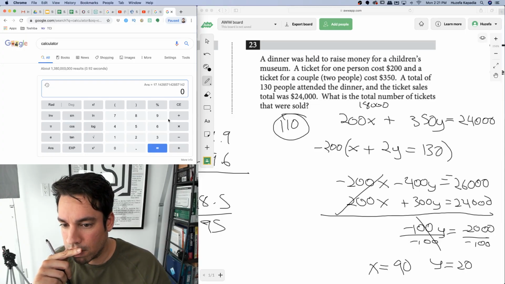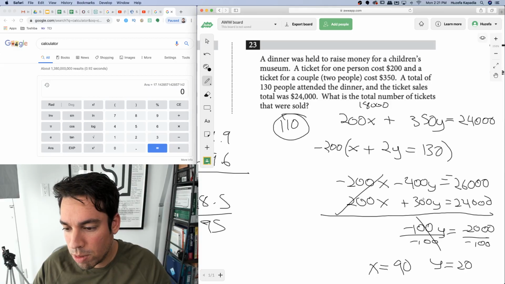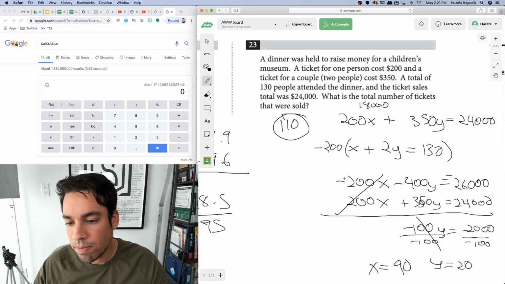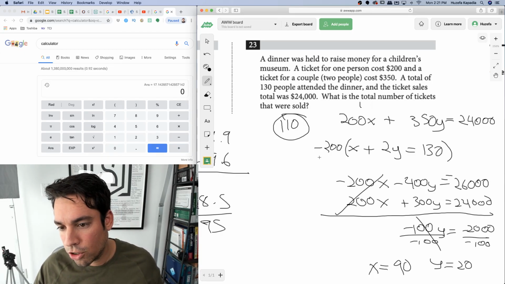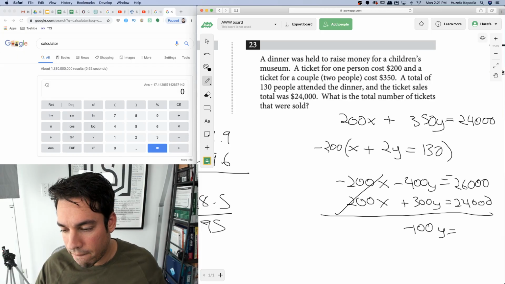So I multiply by negative 200. Oh, I wrote that wrong. Caught it. That should be 350. I copied it wrong. You see that? I wrote 300. Let's undo all this. I keep making mistakes today.